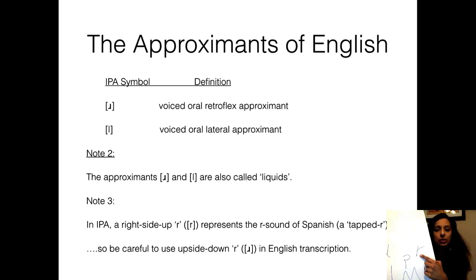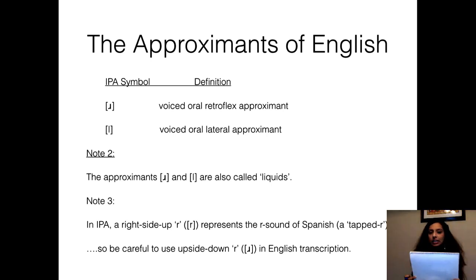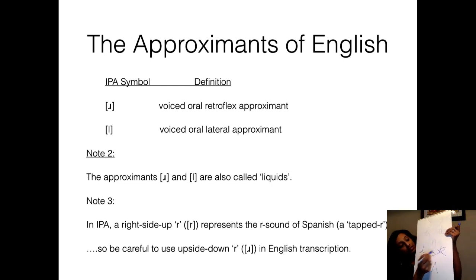It refers to the tapped R of Spanish. So this is the ra, ra, ra in Spanish, because Spanish has three different R's. So we don't use this symbol in English at all, right? So just forget about this.